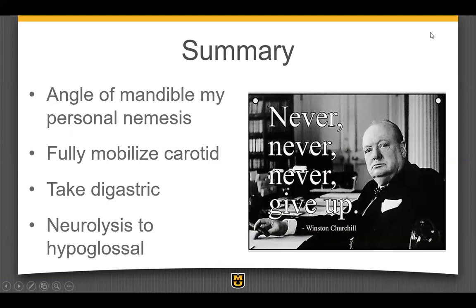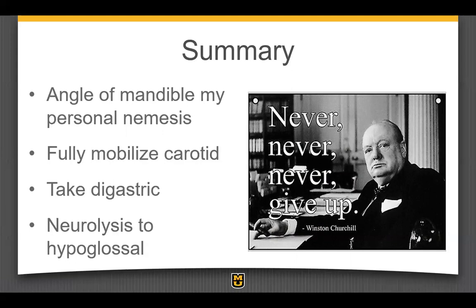In summary, the angle of the mandible is my personal nemesis, and really this is more important for me in terms of distal exposure. Fully mobilizing the carotid can allow you sometimes to pull down on the bifurcation and actually gain additional length on the internal carotid artery, especially if this is mobilized in a 360-degree fashion.